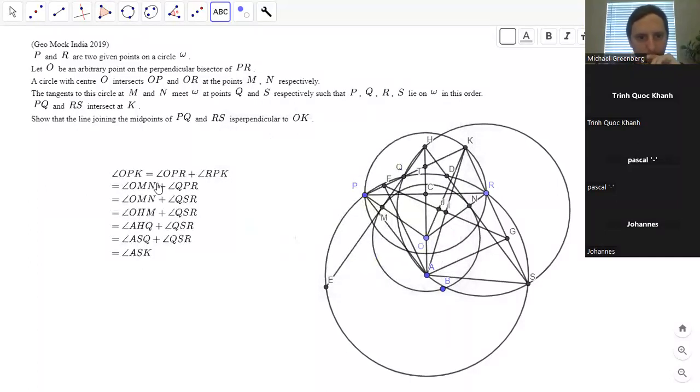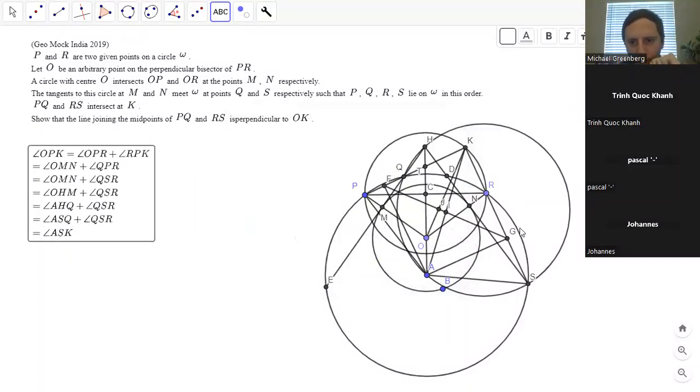So let's see. Of course we use that this is cyclic, which is important. But okay, OPK is OPR plus RPK, which is OMN plus QSR.